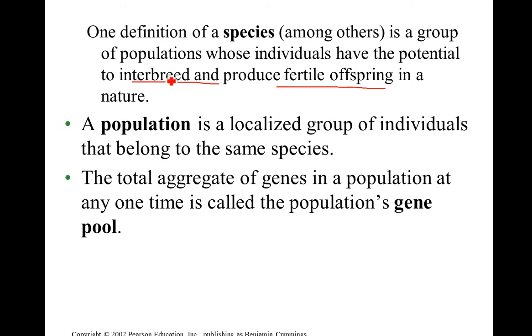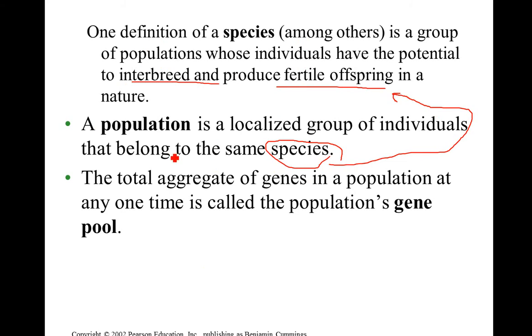Now we want to look at population, and this says a local group of individuals that belong to the same species. Now remember, the definition of species is listed right here. When you see species in a definition, you should think, hey, individuals that have the ability to produce fertile offspring. So I want to go to the next slide.